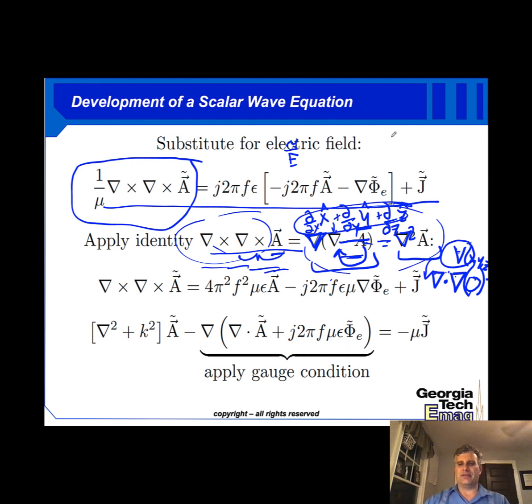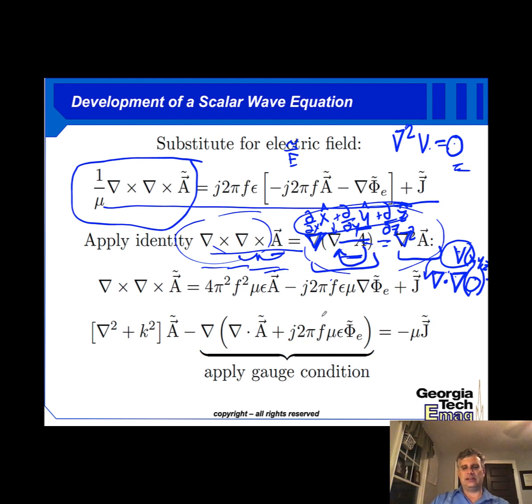And you may have solved Laplace's equation, which basically says that in the absence of charge, the Laplacian of V is equal to 0. And you can solve all sorts of interesting field problems that way, using Laplace's equation or Poisson's equation, when you have 0 there as the boundary condition.